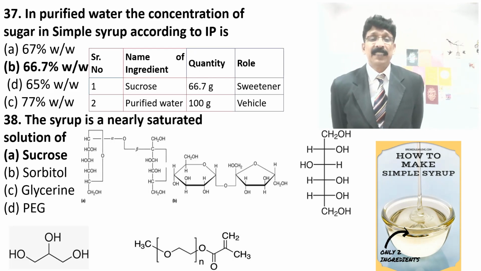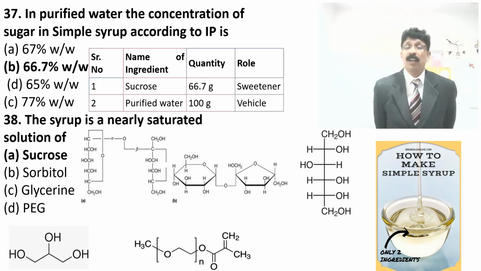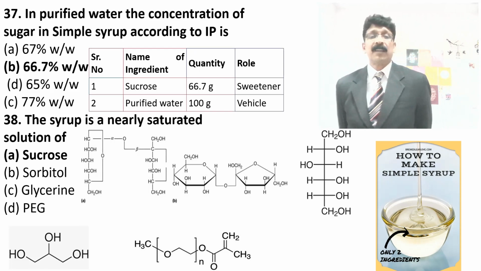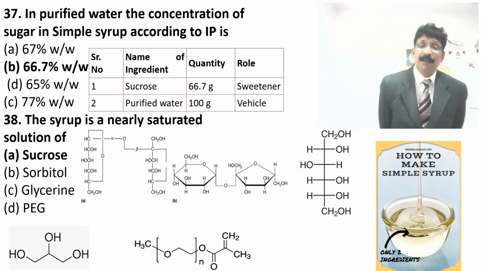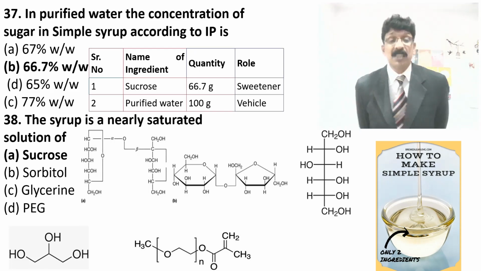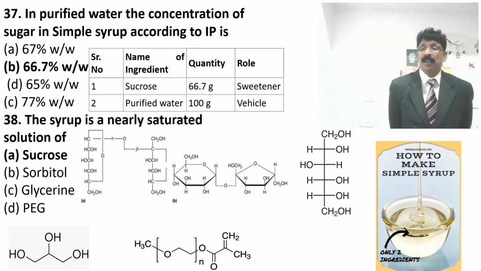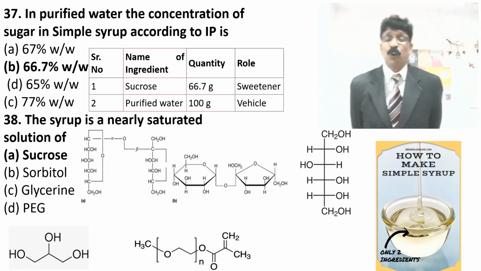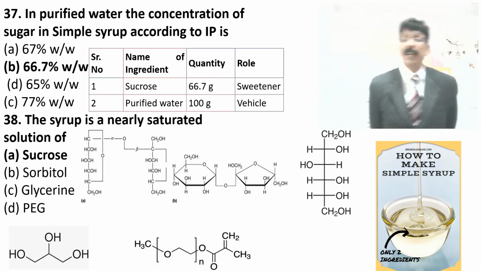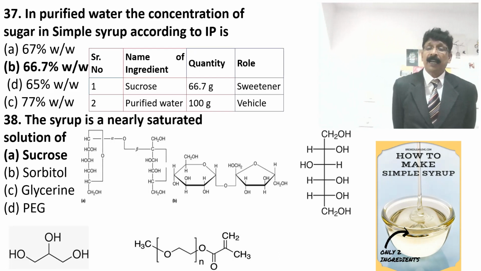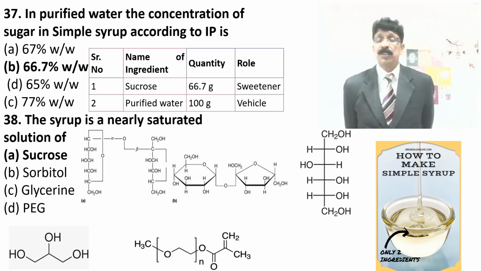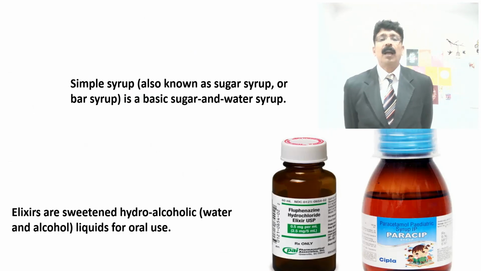You can see below, the sorbitol structure is given, and glycerin structure is given, and polyethylene glycol structure is also given here for the students to see. If they are giving some structures and asking to identify which one is sucrose, you should know that sucrose is a disaccharide which contains both glucose and fructose together. It's a reducing sugar.